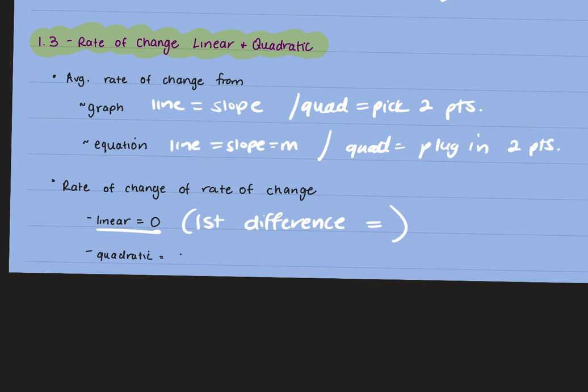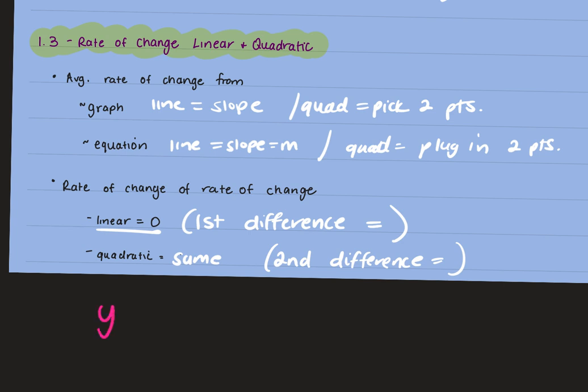And the quadratic, the rate of change of the rate of change will be the same because this is the second difference. So the rate of change of the average rate of change for a quadratic would be the same. It'd be the same number but not 0. The rate of change of that would be 0.